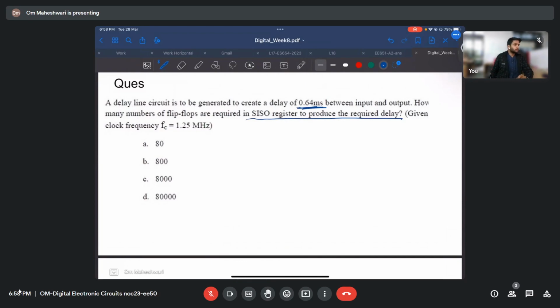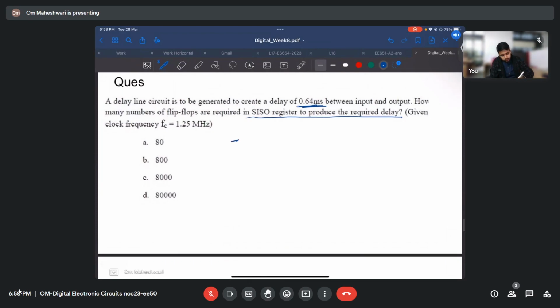Okay. So this is easy. We need a delay tau of 64 millisecond. Clock frequency f is 1.25 MHz. We know f is 1 by 2n tau PD. So n is what we need to find, right? N is the number of stages.